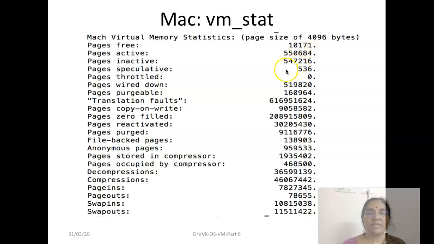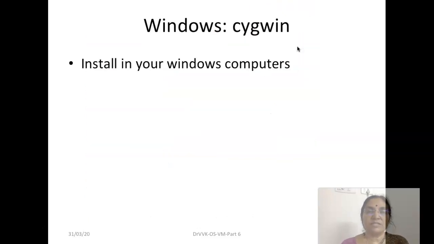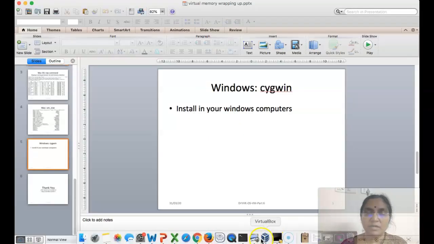And then inactive pages means the memory is allocated to some process, but the CPU is currently not executing them. And free pages mean they're not allocated to any process. They're available for allocation. So these are some of the commands that I have shown you for Linux and Mac operating systems. And we can have a look at how to execute this command.